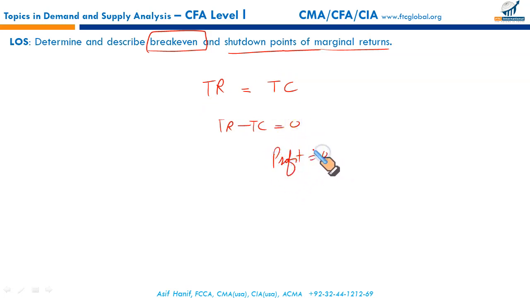That's what you call break-even. So ideally, a business should make some profit, but at least the business should break even. If there is no profit, at least there should be no loss. That's the idea of break-even.